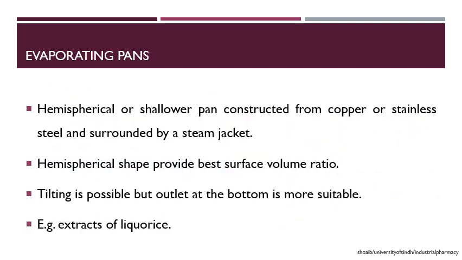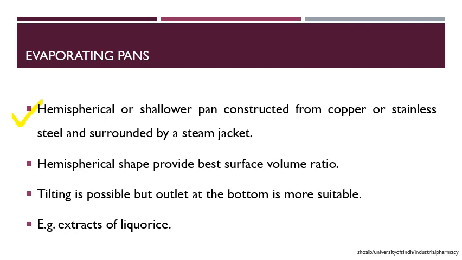So here are some important structural requirements. It is basically a hemispherical or shallower pan constructed from copper. The material used may be copper or stainless steel, surrounded by a steam jacket.